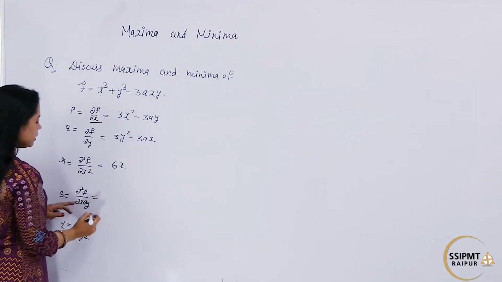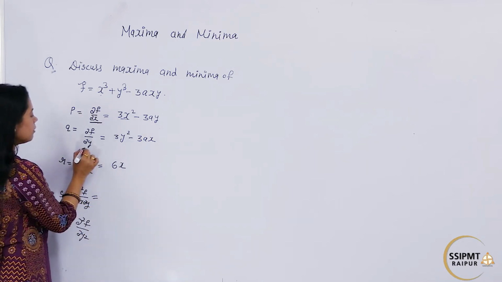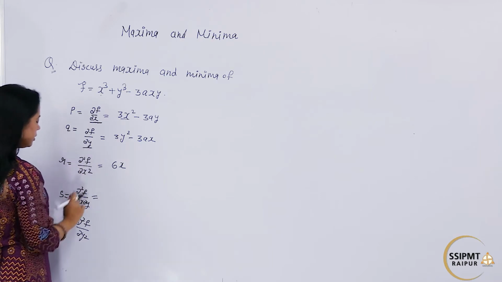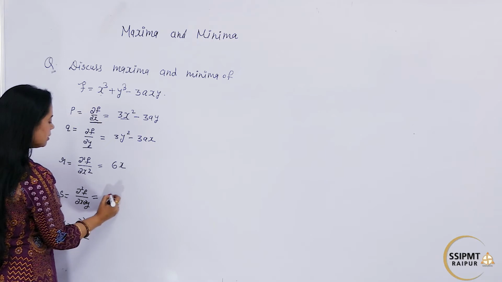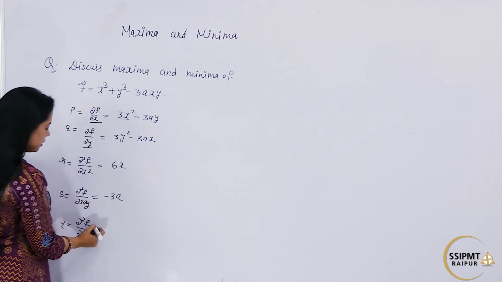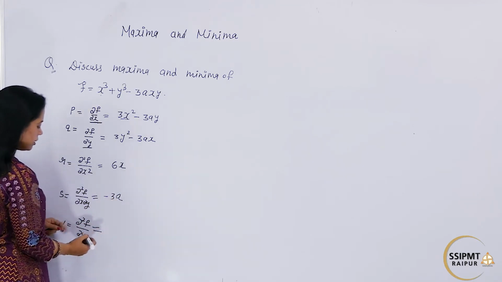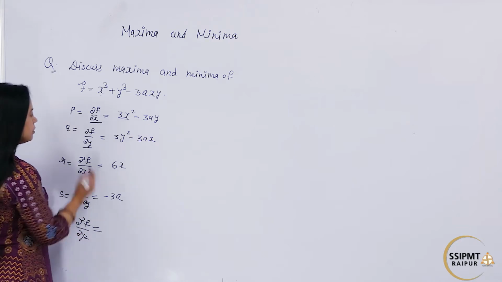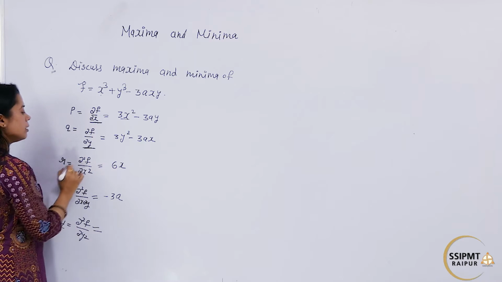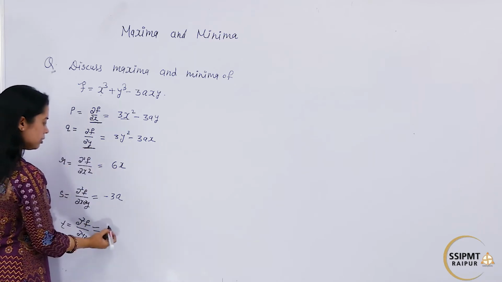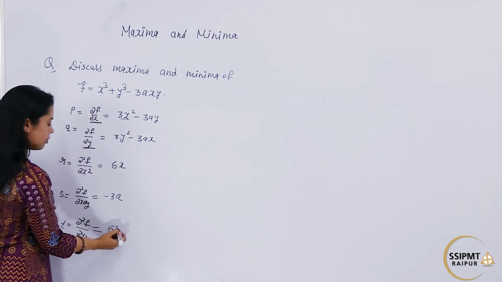Del square f upon del x del y: if del f by del y is differentiated with respect to x, it will be minus 3a. And one more derivative is del square f upon del y square: if we differentiate del f by del y again with respect to y, it will be 6y.